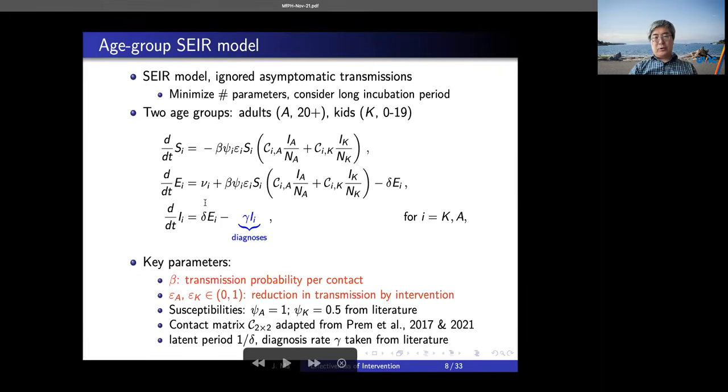So epsilon is somewhere between 0 and 1. And there are other parameters, like the latent period, which is 1 over delta, and the rate of diagnosis, which is 1 over gamma. This diagnosis removes the individuals from the I class, and this is the new cases data that we're going to match.